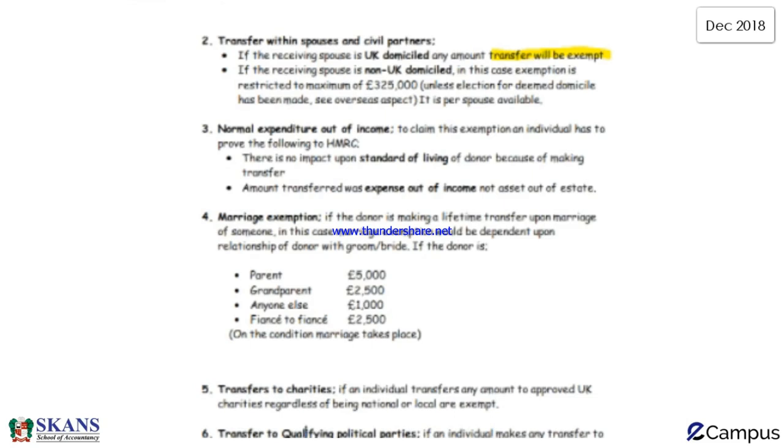But if the receiving spouse is non-UK domiciled and has not made any election to be deemed domiciled, in that case, the maximum transfer which our client could make to such a spouse, which should be considered an exempt transfer, is restricted to 325,000 in lifetime. So any transfers made above 325,000 to a non-UK domiciled spouse would be considered the chargeable amount of potentially exempt transfers.